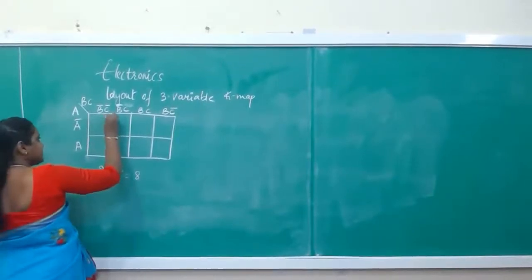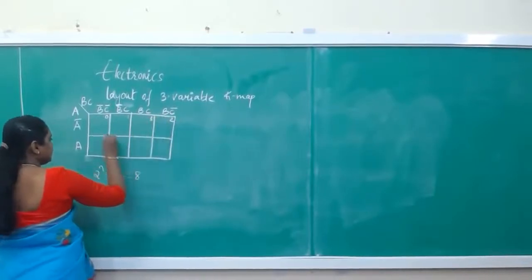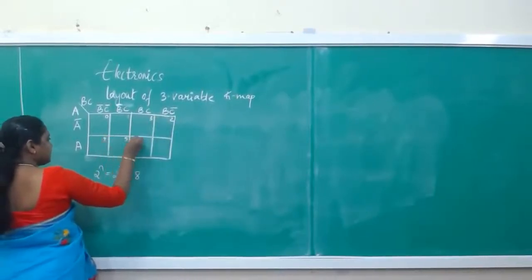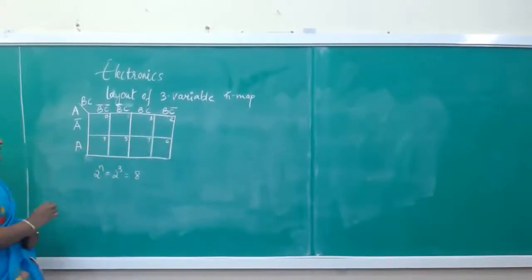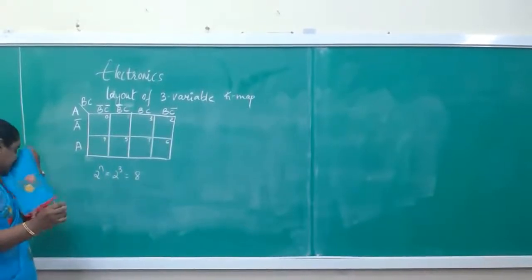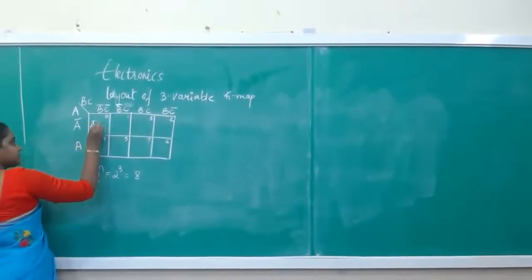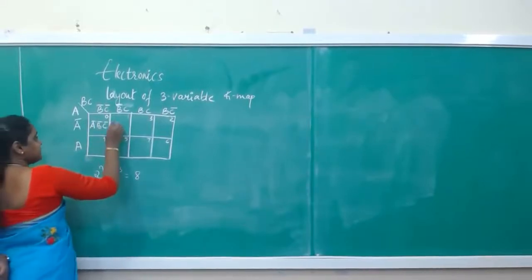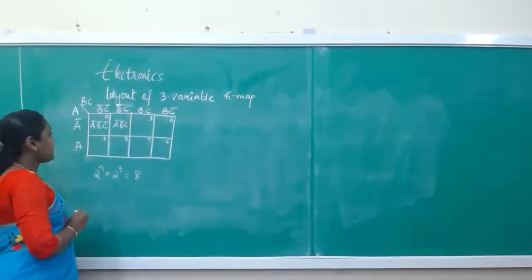Next, 0, 1, 2, 3, 4, 5, 6 and 7. These are called the cell numbers. The cell numbers are made from the combinations of A bar, B bar, C bar. The next one, A bar, B bar, C, that means 0 0 1.